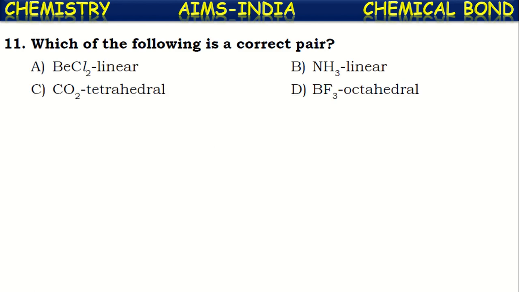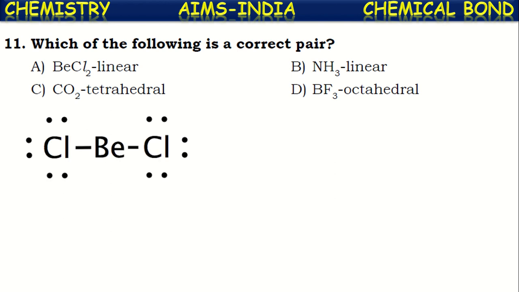Which of the following is a correct pair? See here, some molecules are mentioned and their shapes are also mentioned. Let us try to predict what shape they have. How can we predict the shape of a molecule? Based upon the number of bond pairs and lone pairs present on the central atom. If you see the first one, BeCl2, the central atom is beryllium.